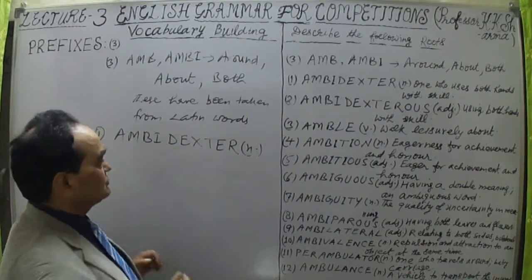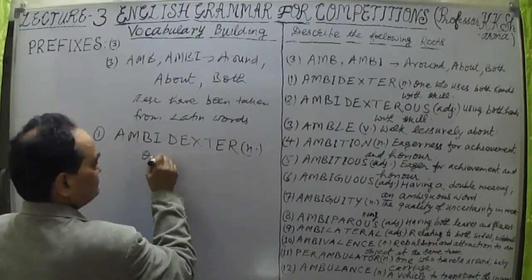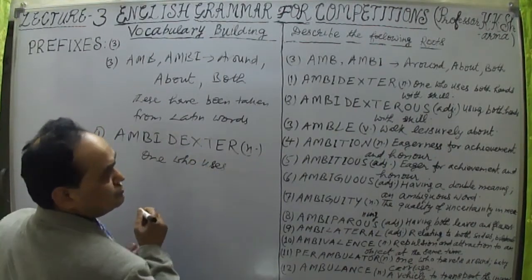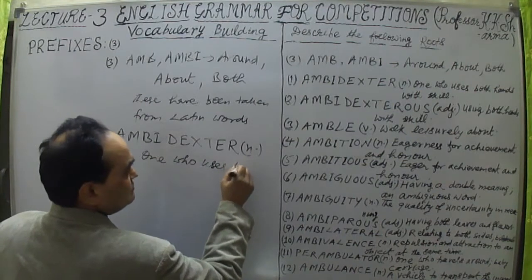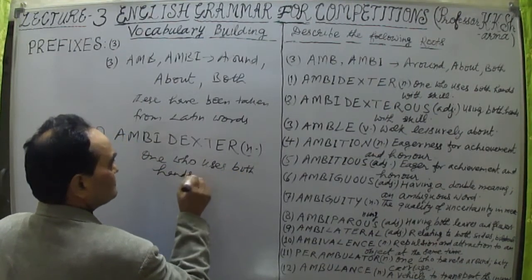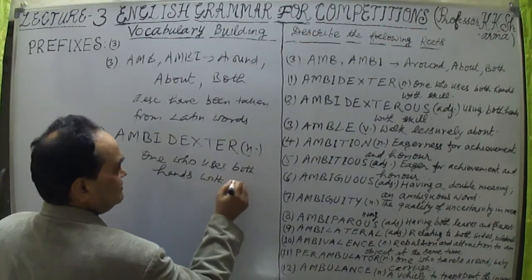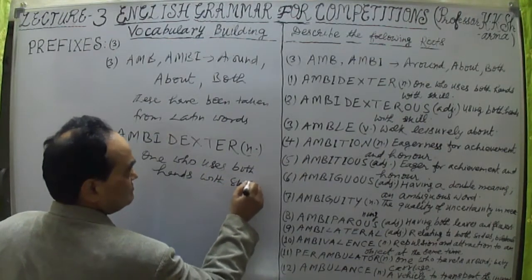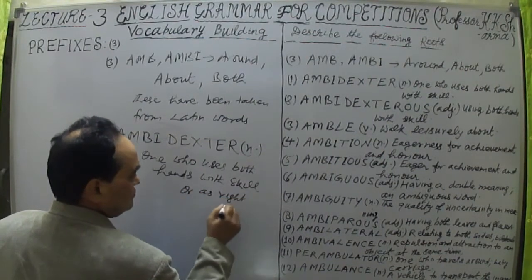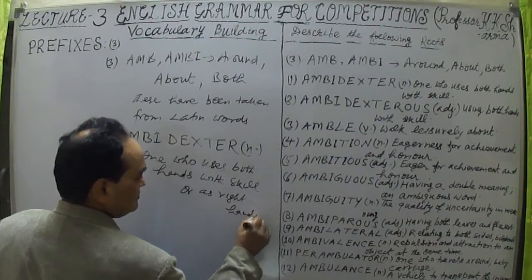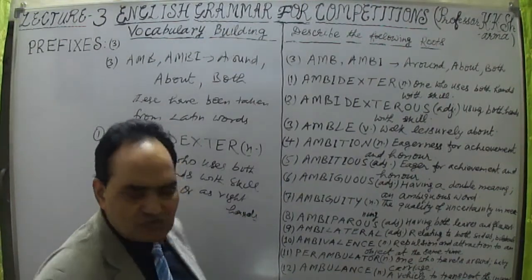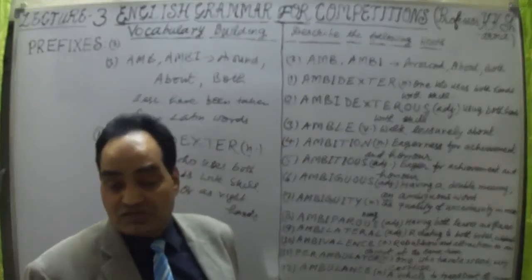The person who uses both hands with skill or as right hands. Right hand means the hand mostly used by people, so the left hand is also used as right hand.